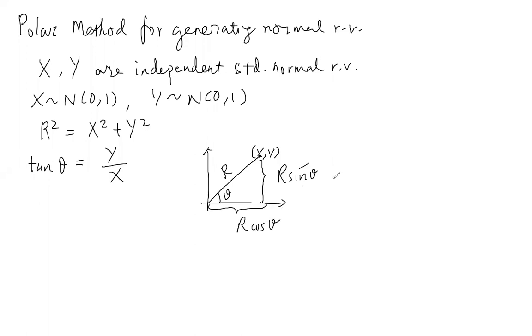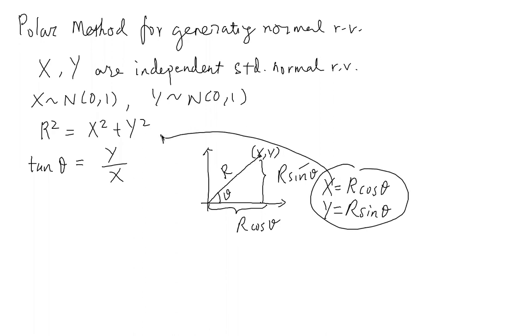So you also have a representation of x equals r cos theta and y equals r sine theta, okay? So as you can see, if you take the square, you will get this form, okay? X squared plus y squared is equal to r squared cos squared theta plus r squared sine squared theta. But then you know that cos squared theta plus sine squared theta is equal to 1, right? It's a basic trigonometric identity.